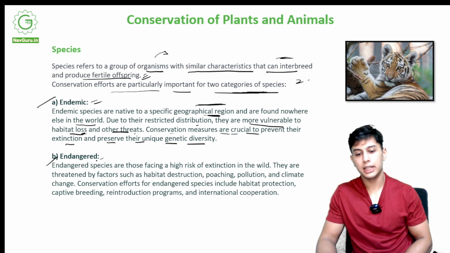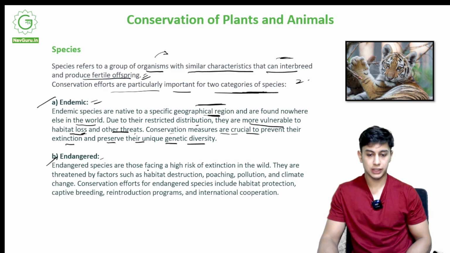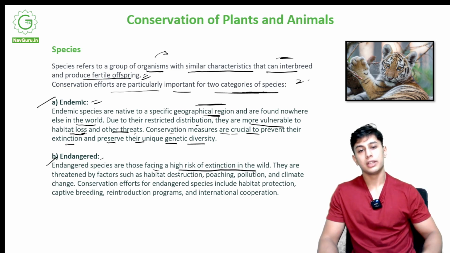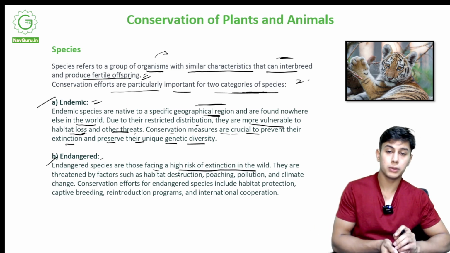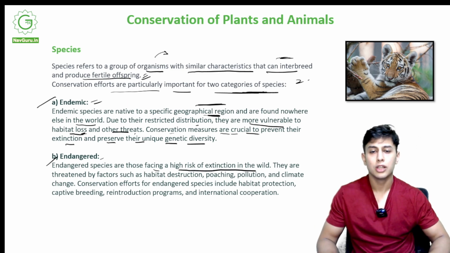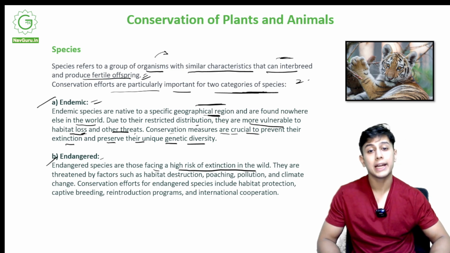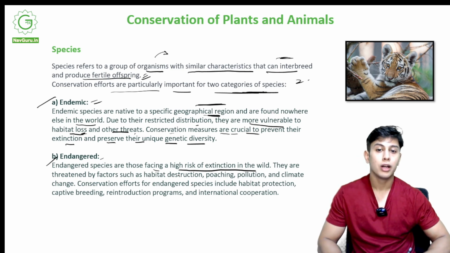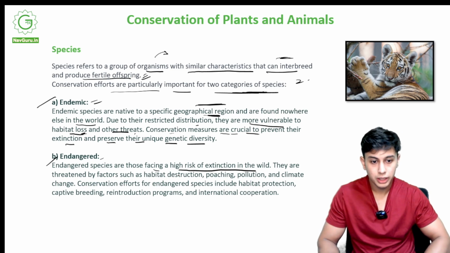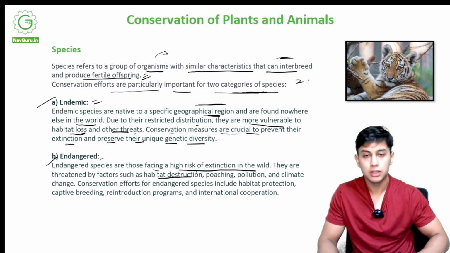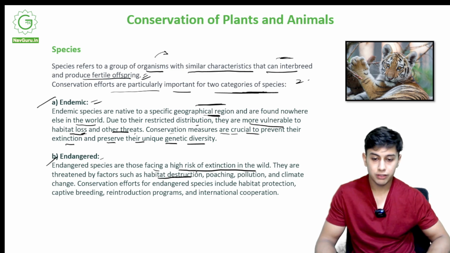Endangered species. Now endangered species are those facing a higher risk of extinction in the wild. They have reduced to such small numbers, they have faced so many problems that they are very few in number and are likely to become extinct. Means all of the population dies out. They are threatened by factors such as habitat destruction. For example, you might have heard of the dodo bird.